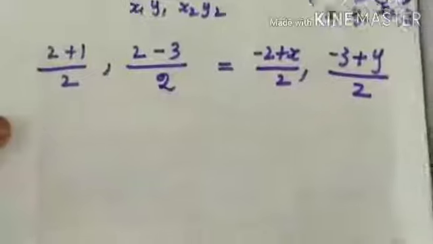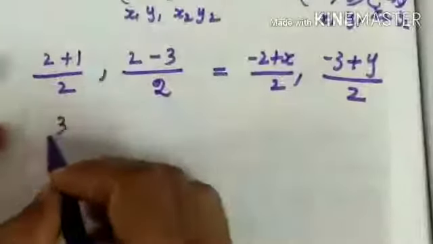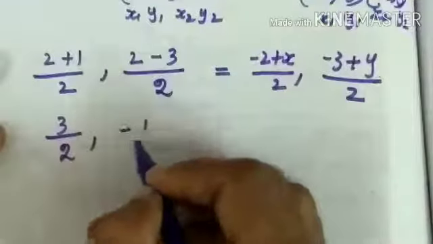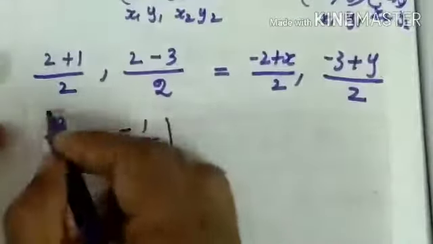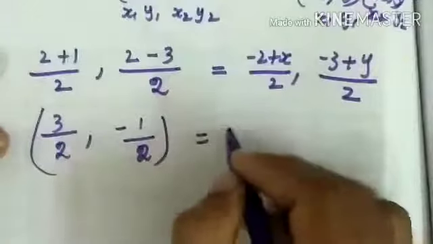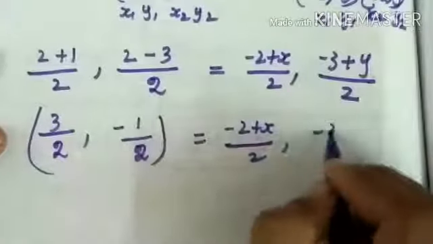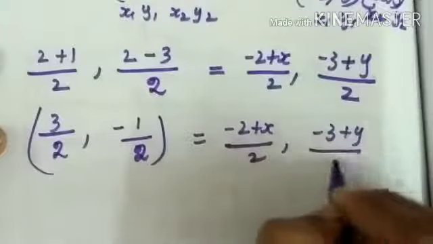Now you have to simplify this, means we get 3 by 2, minus 1 by 2 is equal to minus 2 plus x by 2, minus 3 plus y by 2.